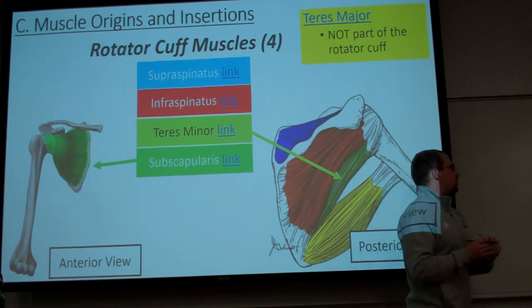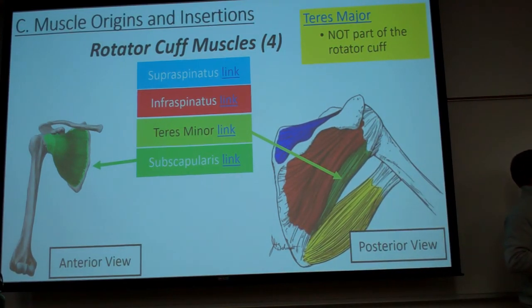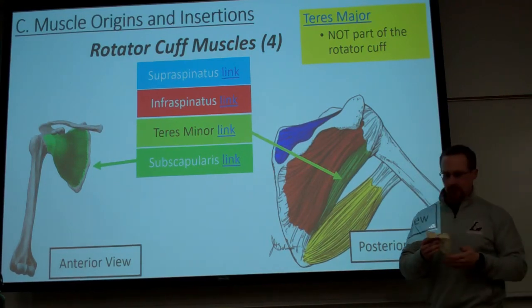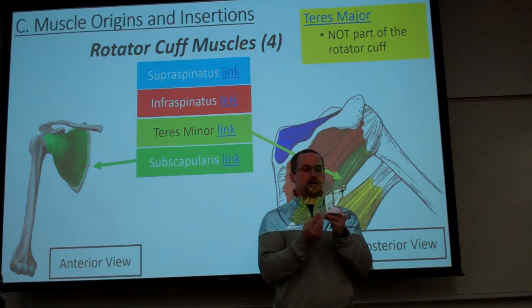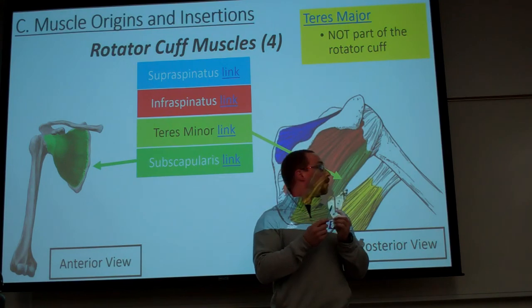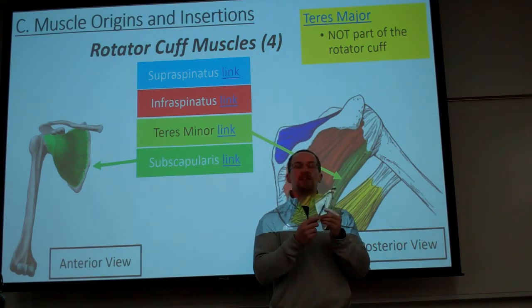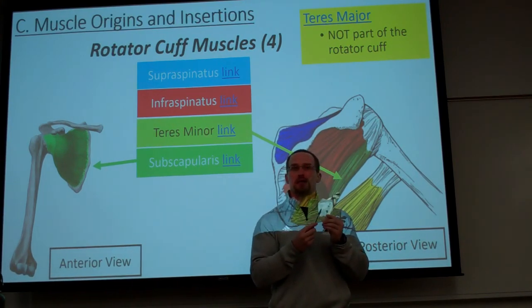Origins, fortunately, these 3 tell you exactly where they originate from. We'll start with the subscapularis. The origin for this muscle is going to be the subscapular fossa. Subscapularis, subscapular fossa.